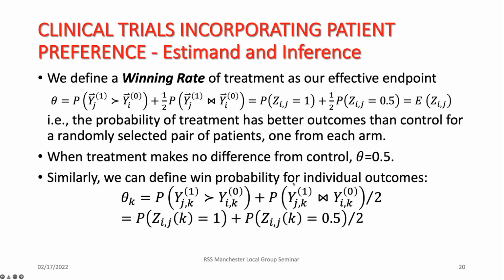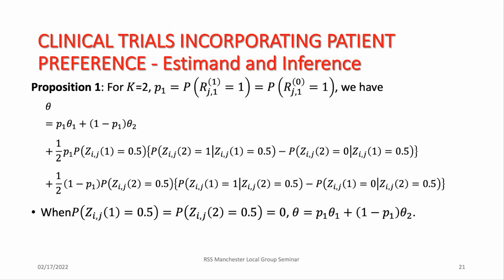Similarly, we can define the DOOR marginally for each individual outcome, where theta_k is the same winning rate for the k-th outcome. When there are two dimensions, we can actually prove that the overall joint winning probability is a linear average of the two marginal probabilities, the preference rate, but with two additional terms.